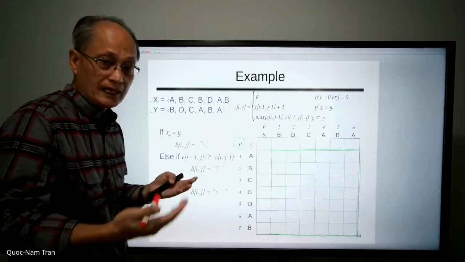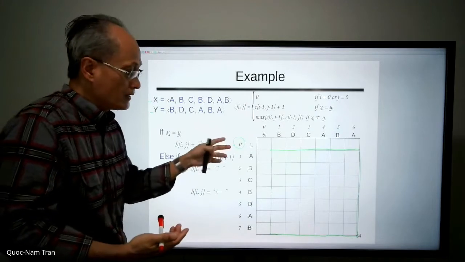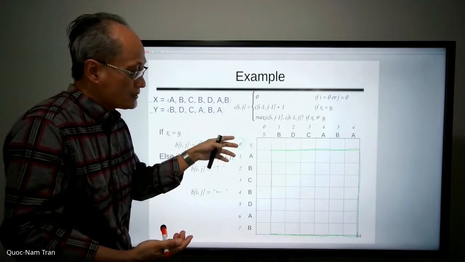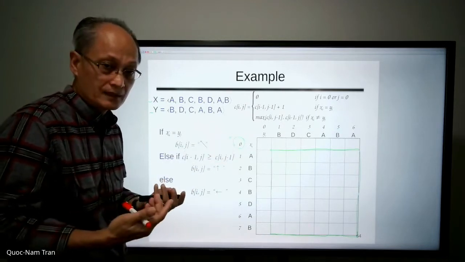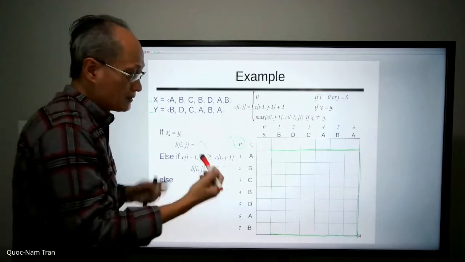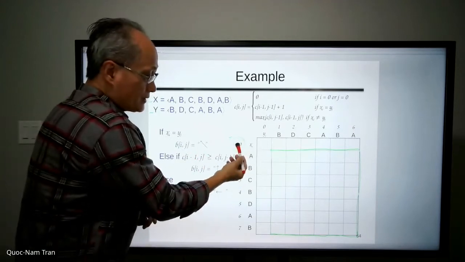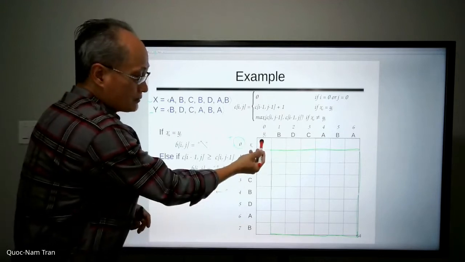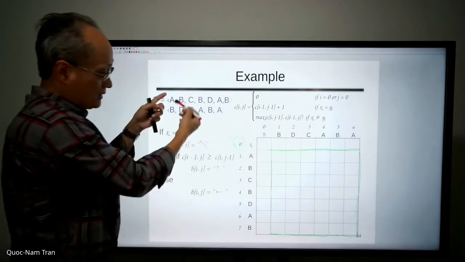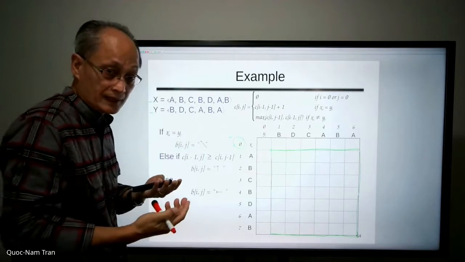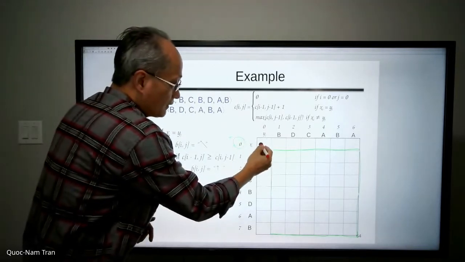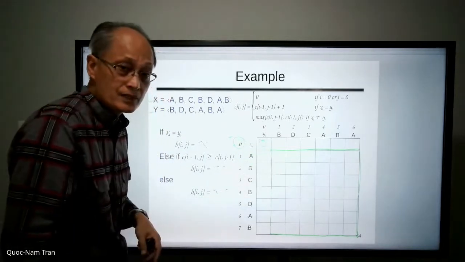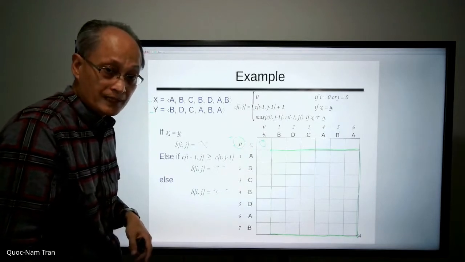What would be the length of the longest subsequence if the first subsequence has nothing? If the first subsequence has no element and the second subsequence has nothing, then the longest subsequence will have 0 value, right?